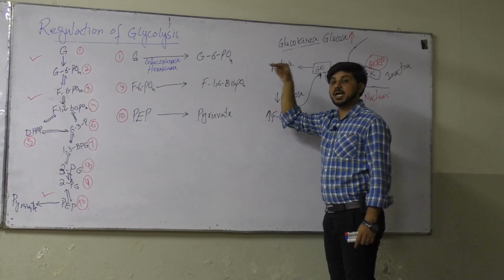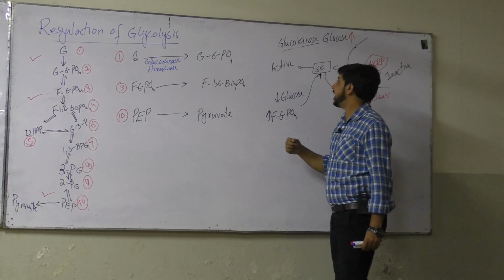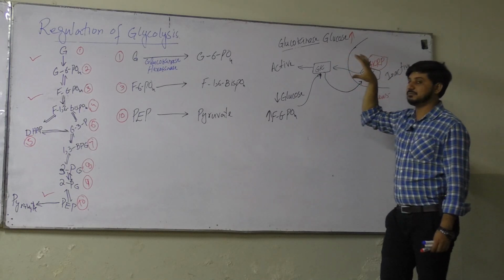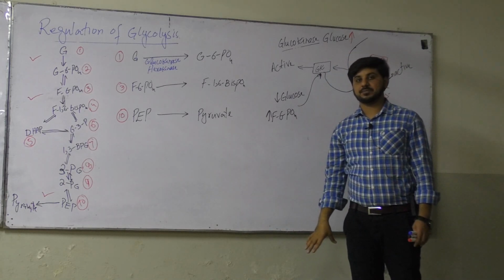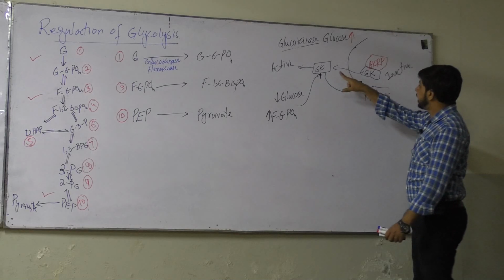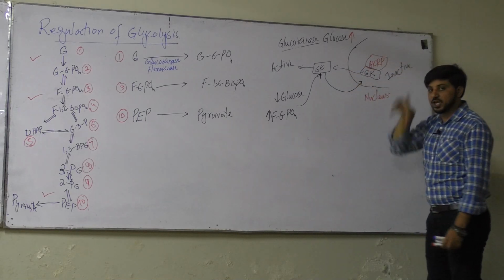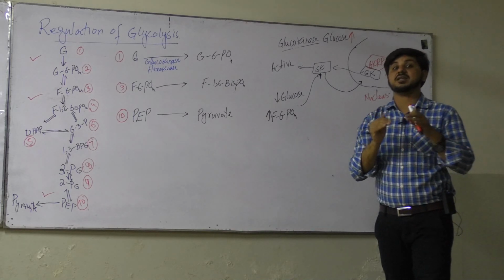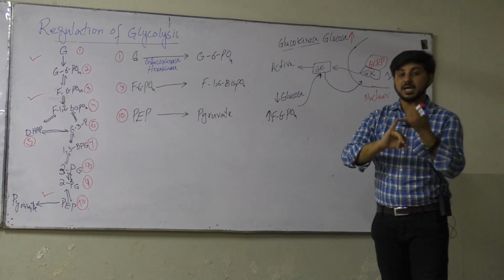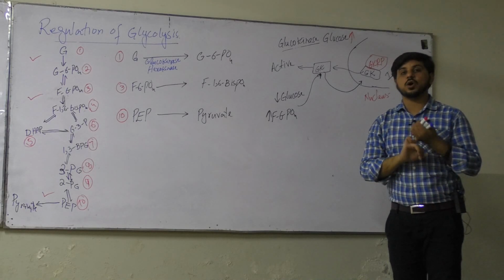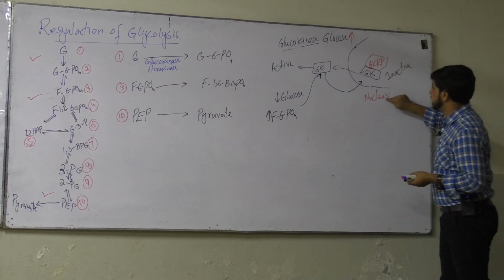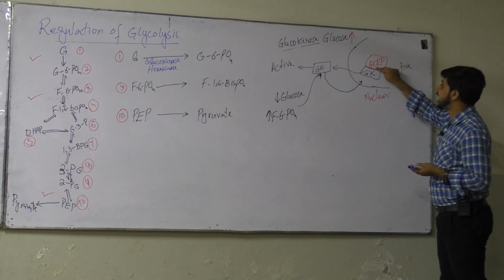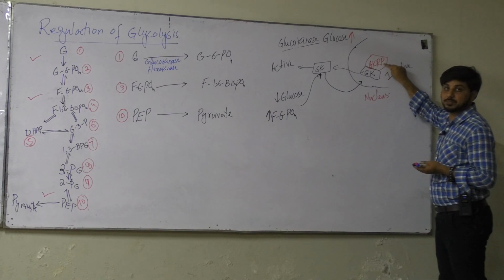The question is how this glucokinase becomes active. The answer is that in its inactive form, it is always present in the nucleus with a regulatory protein, which we are naming glucokinase regulatory protein.